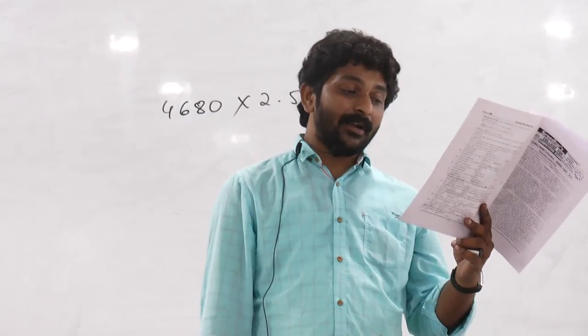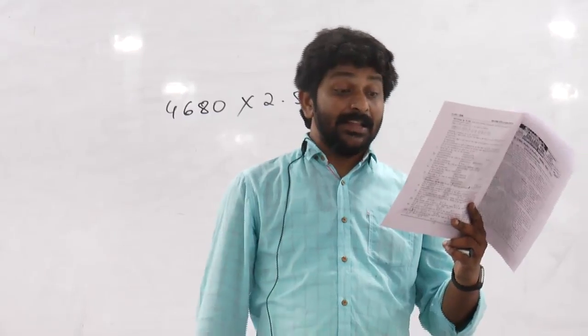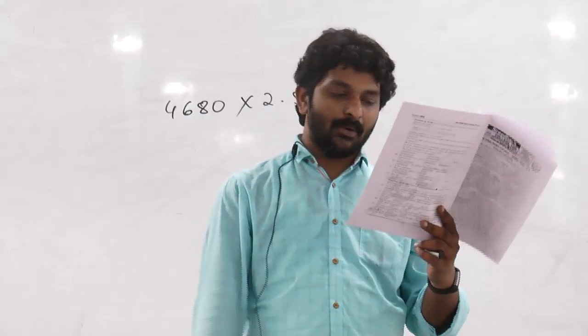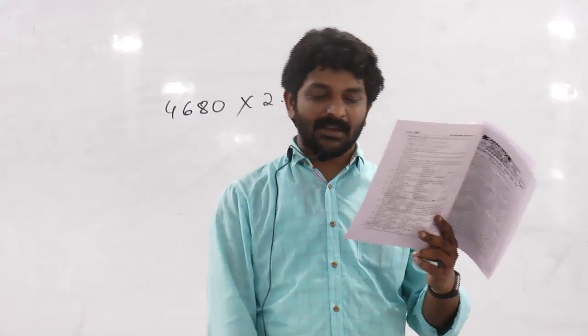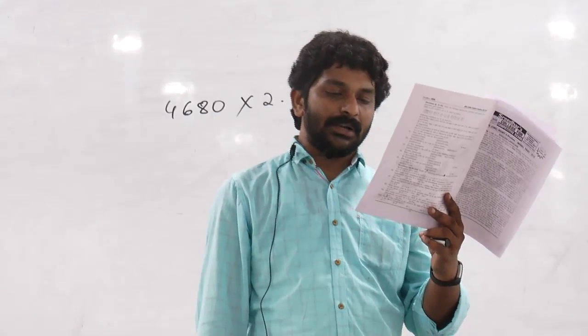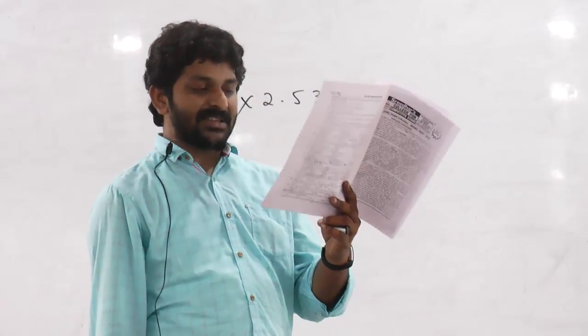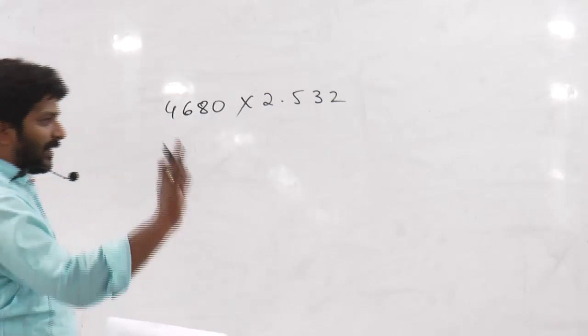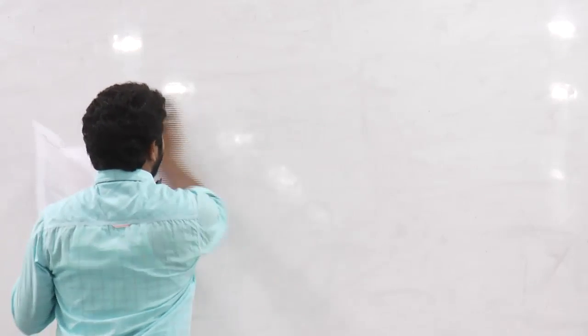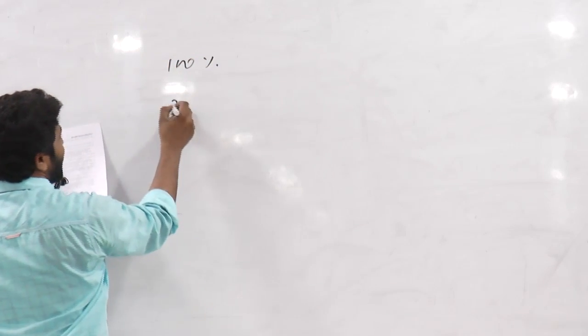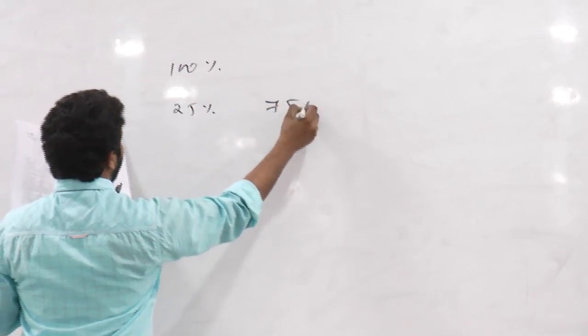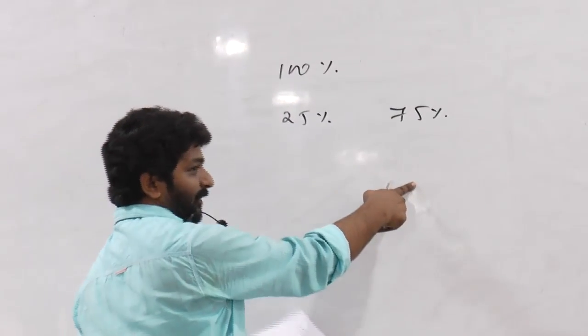There is a certain amount from which A takes 25%, then B takes 50% of the remaining amount, C takes 75% of the remaining amount. Now if the amount left is 5760, then what is the actual sum? If you understand this question properly, you have 100%, A takes 25%, remaining is 75%. Out of this B takes 50%.